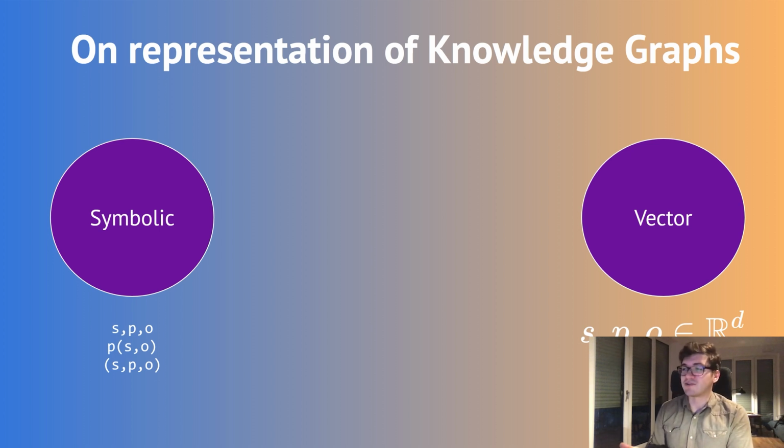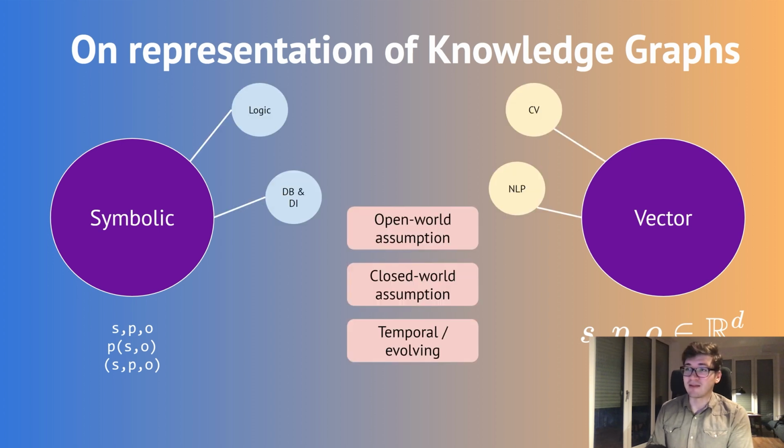In the vector representation form, we map our entities and relations to some high-dimensional or low-dimensional space, and we build associated d-dimensional vectors for each of them. The symbolic representation is often used in description logic tasks and other reasoning tasks, and in databases and data integration it is pretty much everywhere. Whereas vector representation is used in computer vision, NLP, and in our GraphML.